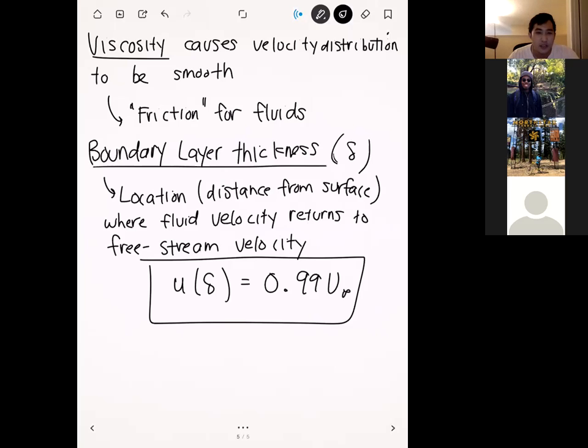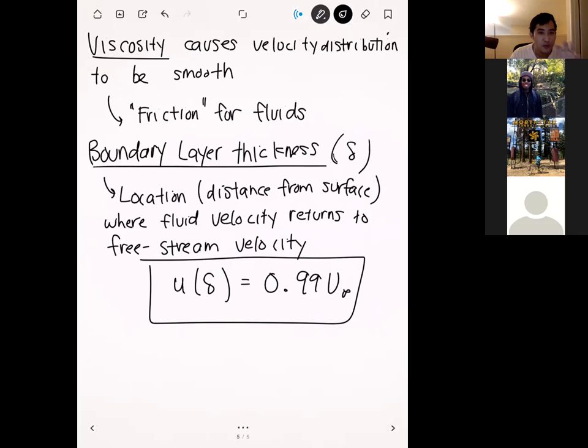This could easily be 95% or 99.99%, so that exact number is arbitrary. What I want you to take away is that once the fluid velocity grows and gets pretty close to the free stream velocity, that's what we define as the thickness.